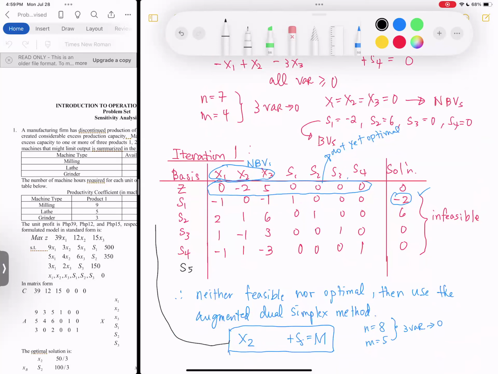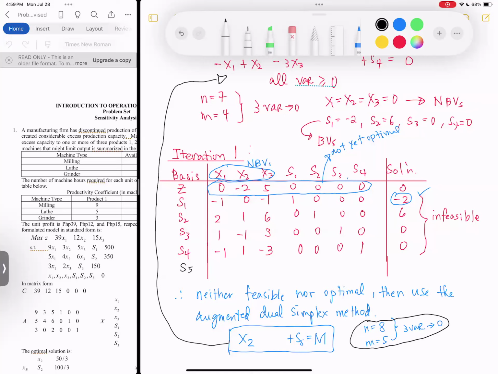You pull this up and you put it here as your 5th constraint. And if you have the 5th constraint, then this one will now be your initial basic feasible solution. So therefore, since it tells you that you should have 5 basic variables, then S5 should be a basic variable. So now you transfer the standard form to this Tableau.